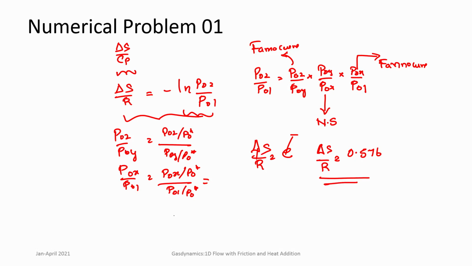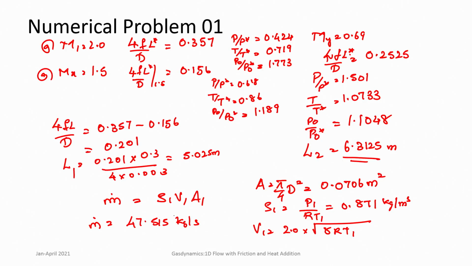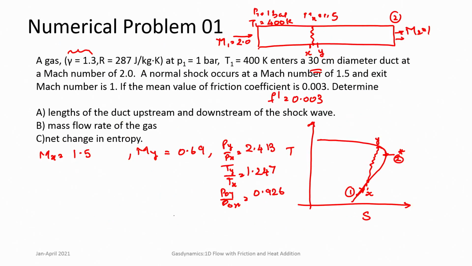Right. So, this is a problem in which we have a supersonic flow coming in, there is a normal shock in the middle of the duct at some location, and finally at the exit the Mach number is equal to 1. In these situations it is always useful to draw the TS diagram, and then it is very easy.